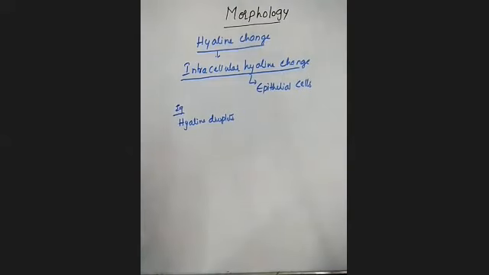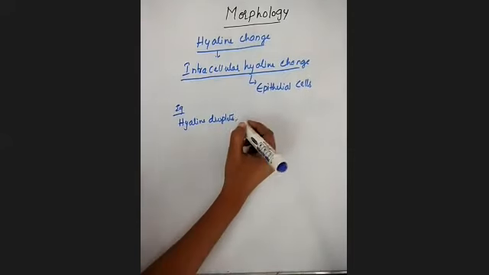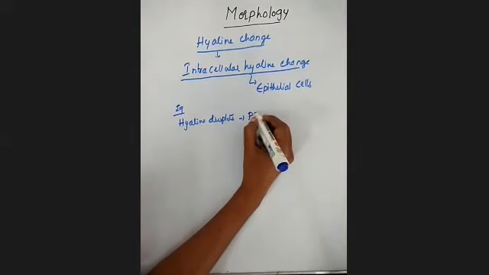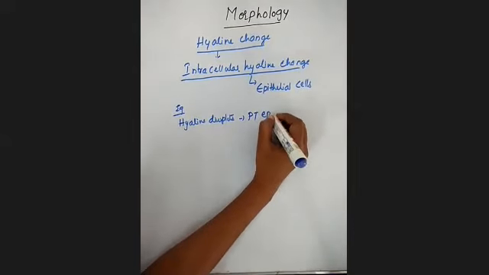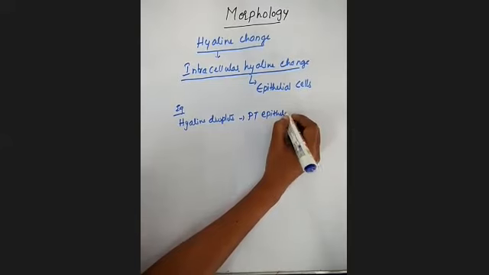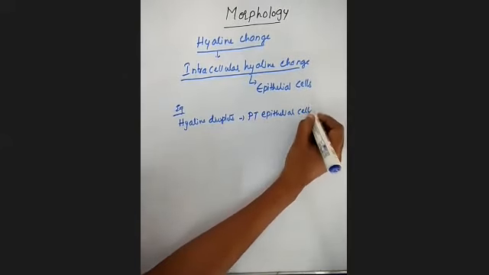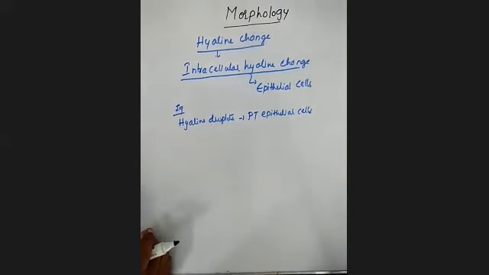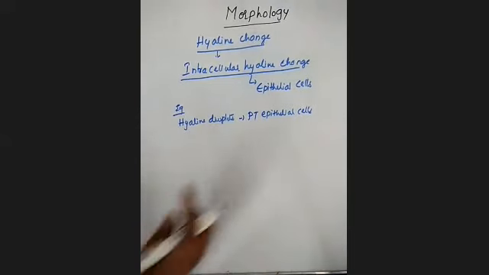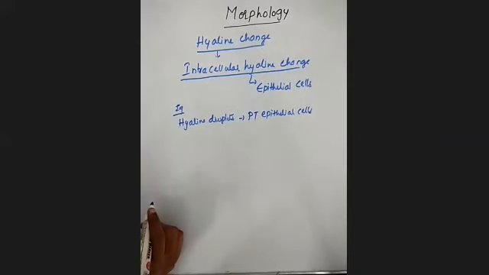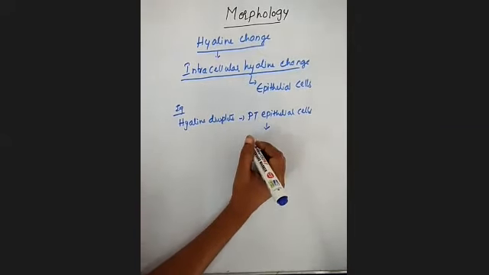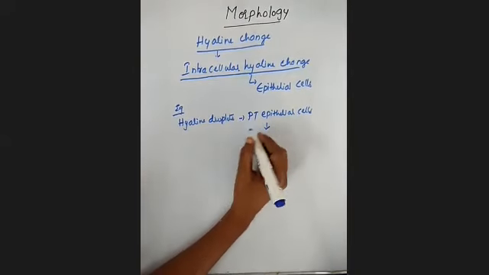Where are you going to observe these type of droplets? In case of proximal tubular epithelial cells. These cells will appear like hyaline droplets if there is any problem in them. Mainly this is observed in case of excessive reabsorption of plasma proteins.